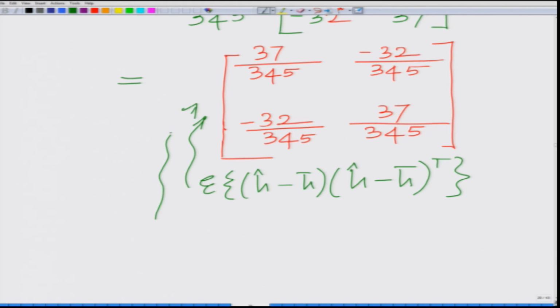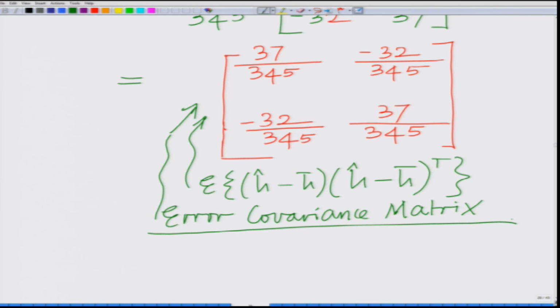So, this is the expression for the error covariance matrix.